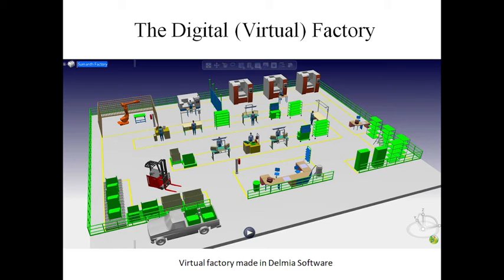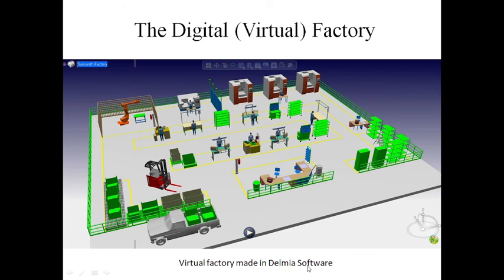All these things can be simulated with the help of discrete event simulation software, along with the CAD modeling software, where you are basically designing a full factory and virtually simulating the operations.